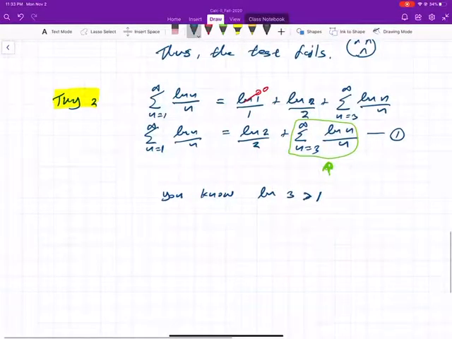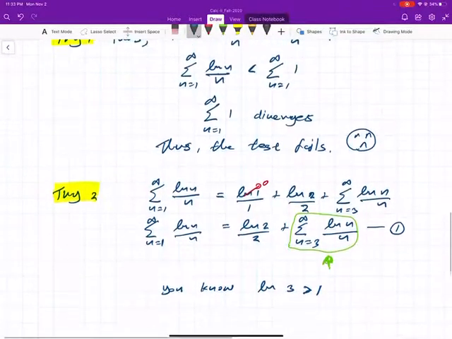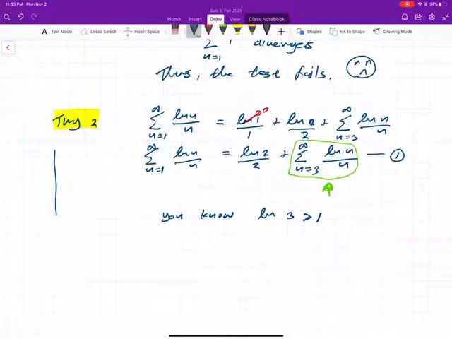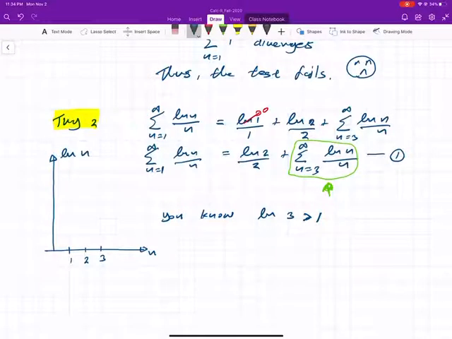Now I'm going to show this. You learn this in Calc 1. Let me draw a small plot and show you that. Let's consider this is 1, 2, 3, and then this is ln n.